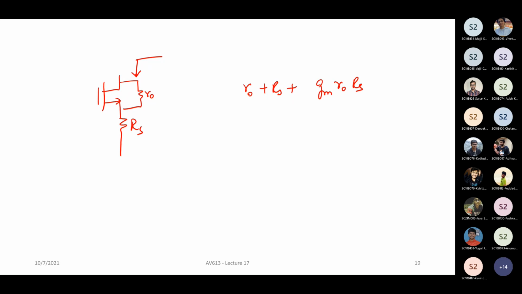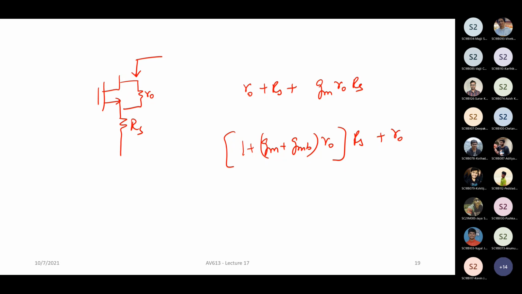If you don't consider the body effect, this is what you would get. If you bring in the body effect, you'll basically get R0 plus RS times 1 plus Gm plus GMB times R0.